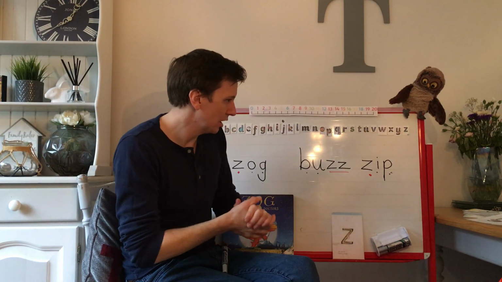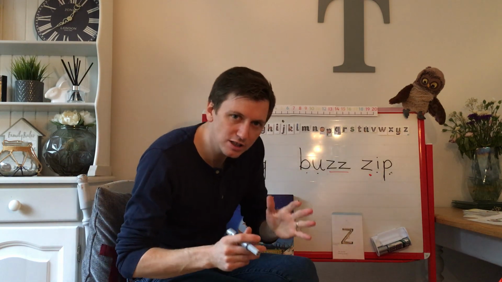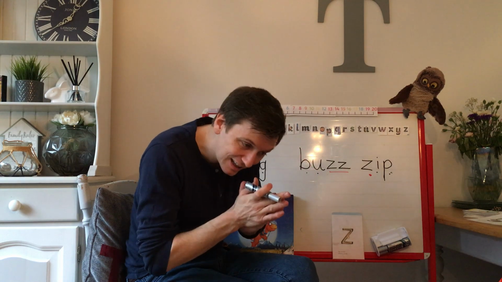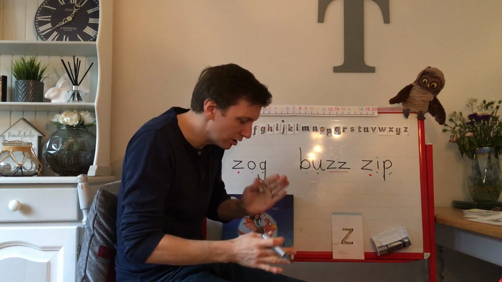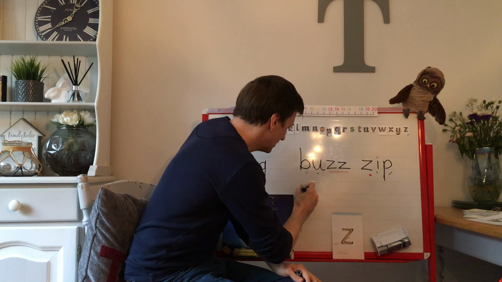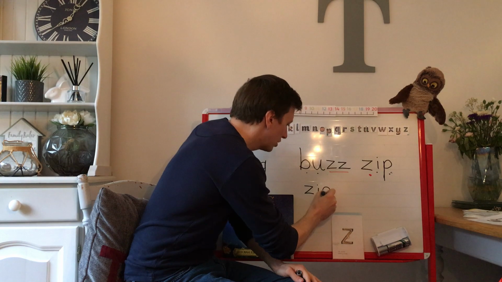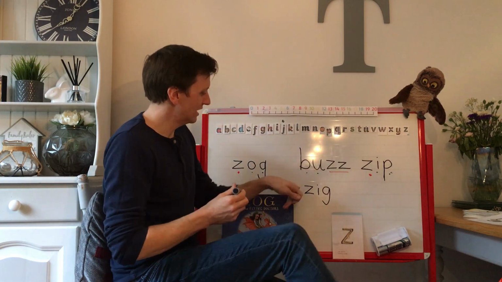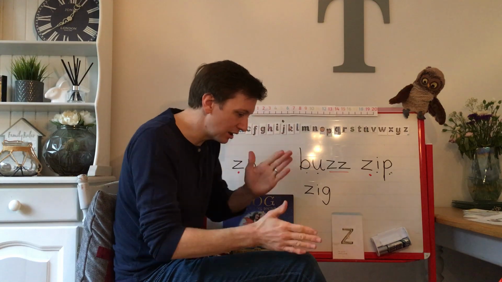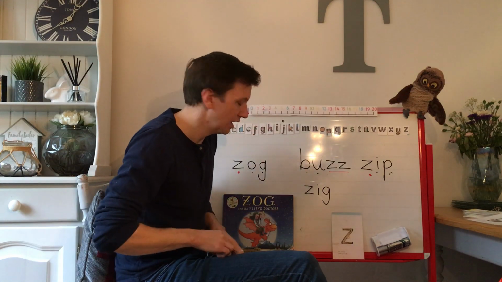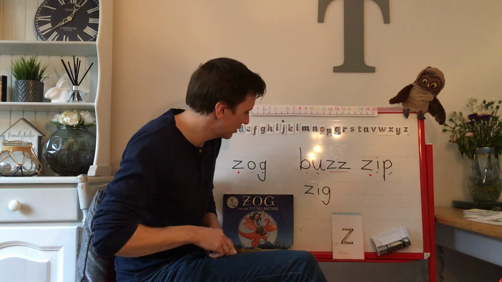Okay. Zigzag. Well, let's start with the first part. Zig, and we've got to sound it out. So zig, z, i, g. Zig, and zag.